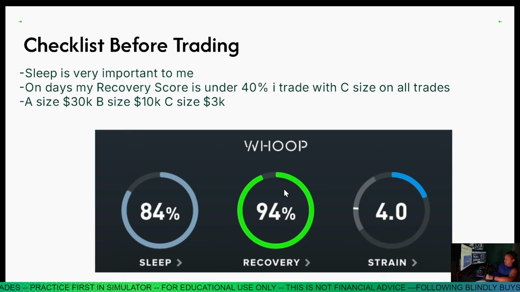When my recovery is at 40% or my sleep is under 40%, I try not to trade at all or have a C size on all trades. That means A size is 30K, B size is 10K, C size is 3K. Sleep is very important to me because most of my big losses happen when I'm lacking sleep. So I've been tracking my sleep continuously.